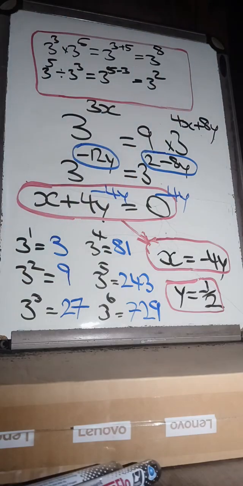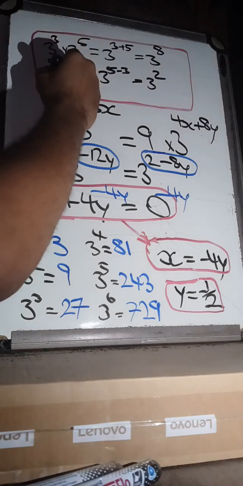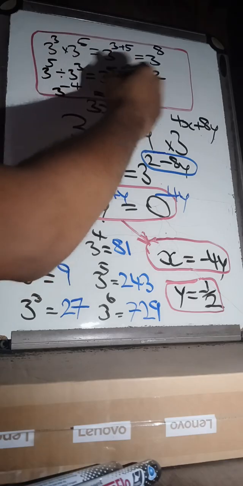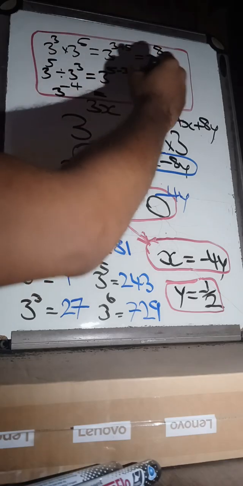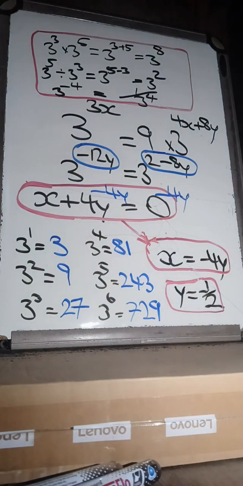Now there is another rule, the inverse rule. So the inverse rule is something like this. Let's say I had 3 to the minus 4. 3 to the minus 4 is the same as 1 divided by 3 to the 4.